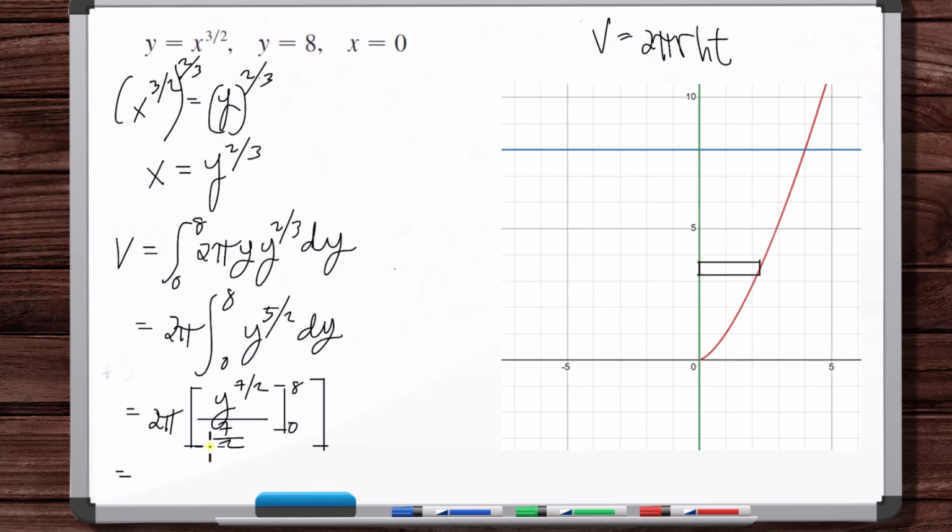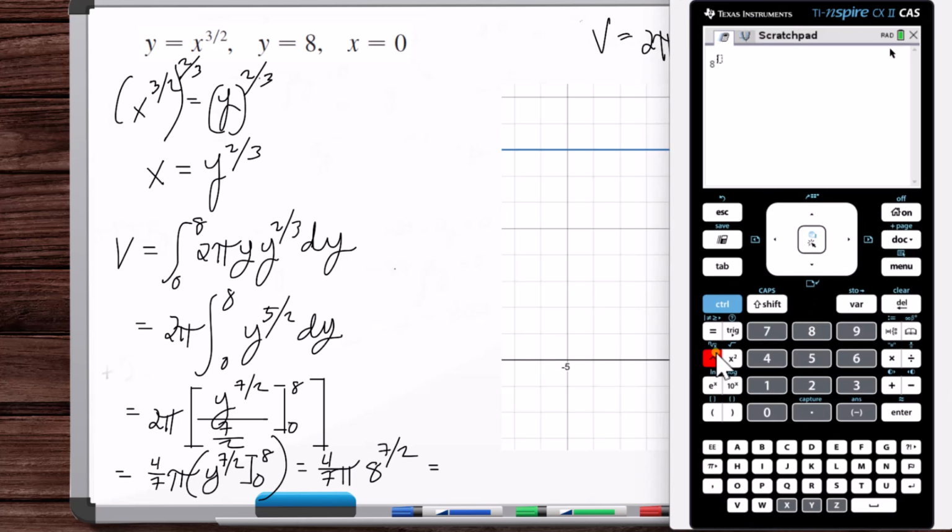So we take out this 2/7, and we're left with 4/7 pi y to the 7/2 evaluated from 0 to 8. So 4/7 pi, and then 8 to the 7 halves. So let's plug this into our calculator.